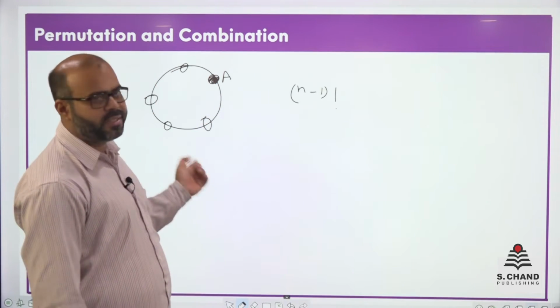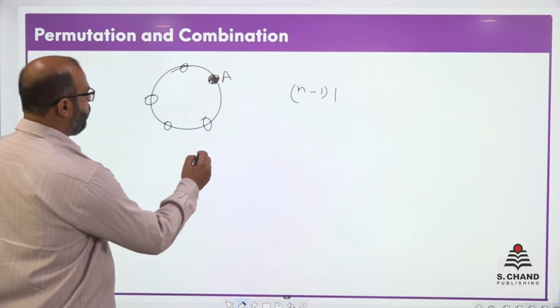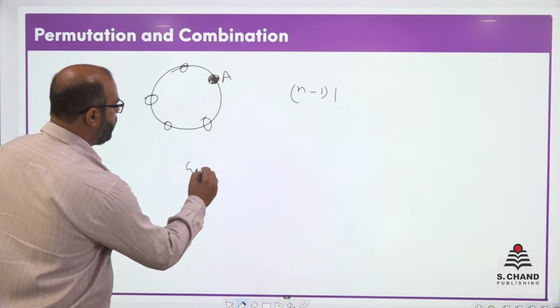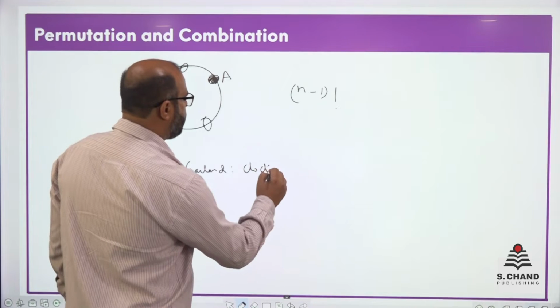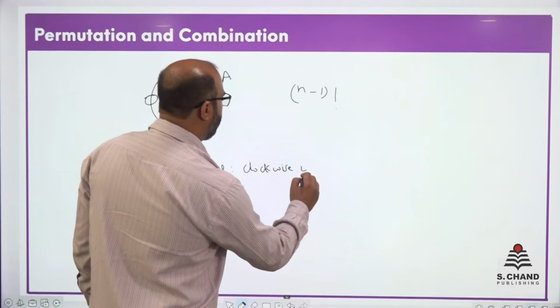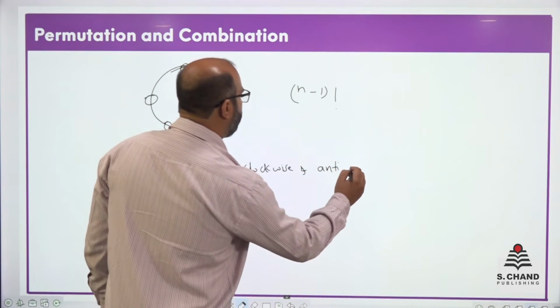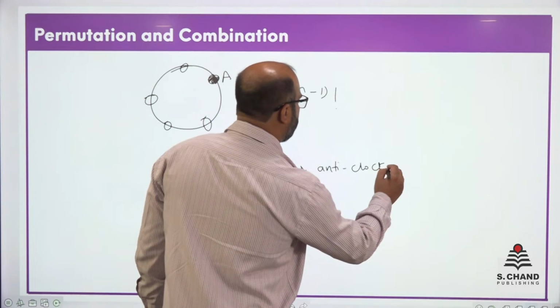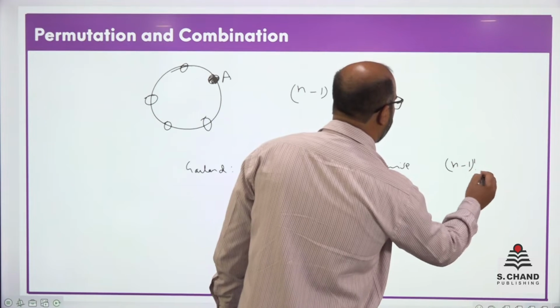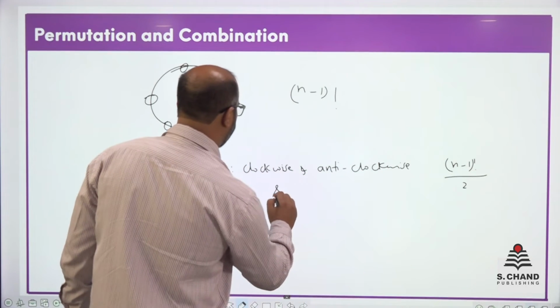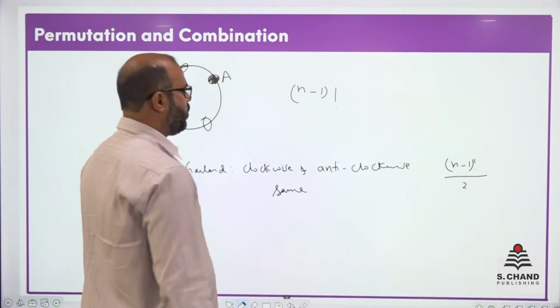So the remaining objects are n minus 1. If it is a garland, then clockwise and anti-clockwise are the same, since one is obtained by reversing the garland. So in that case, the number of ways of arrangement is n minus 1 factorial upon 2, half of that.